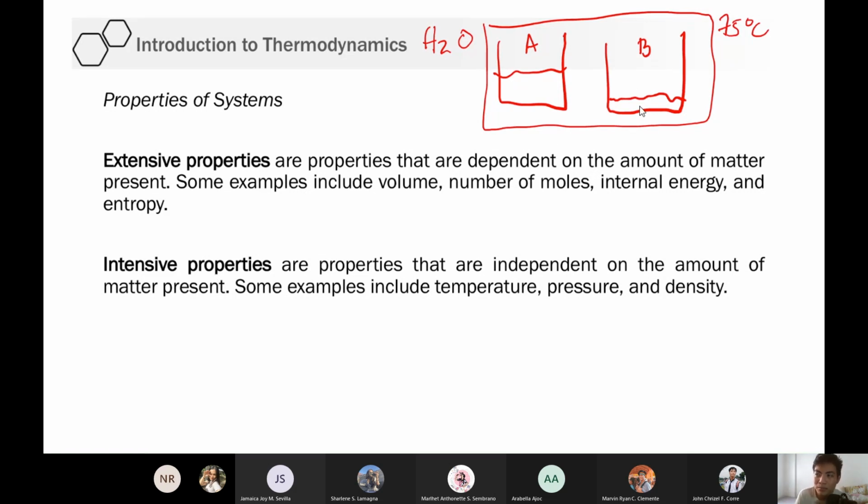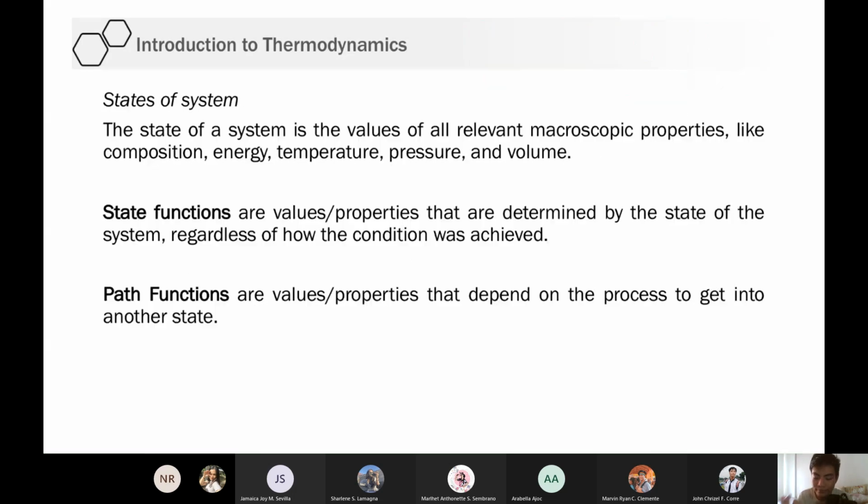So, damihan mo man yan, bawasan mo man yan, since water yan, iisa lang yung density niyan. Tapos, kung nasa iisang container sila, 75 degrees Celsius, iisa lang din yung temp nila, regardless marami yan or onti.